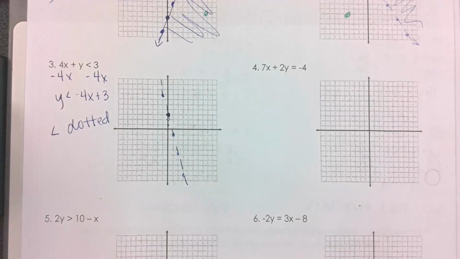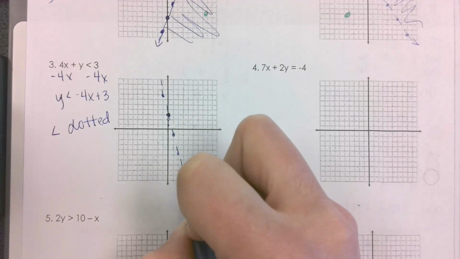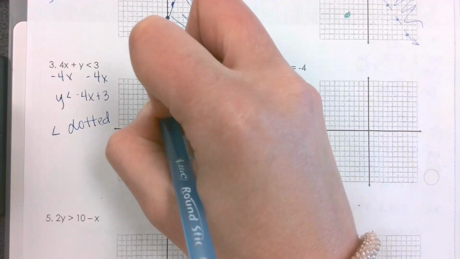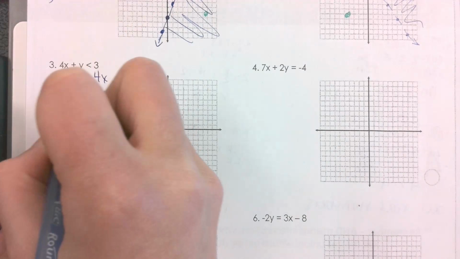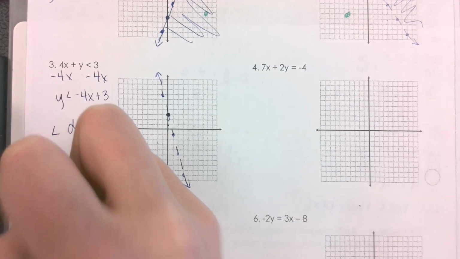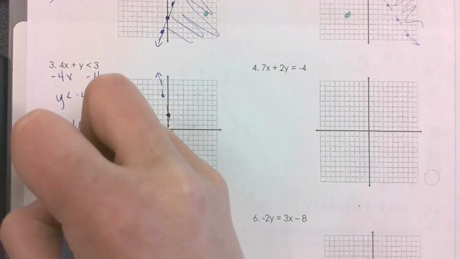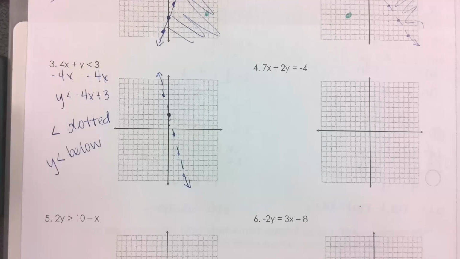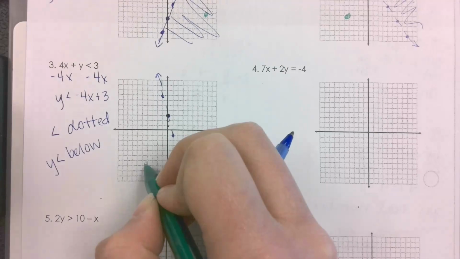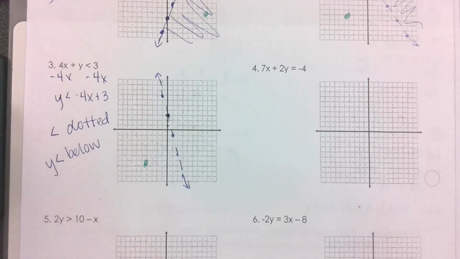Now I've got to decide which way to shade. We're looking at where it says y is less than. Does that tell us to shade above or below? Below. So if I've got a point over here, is that below the line? Yeah, so that's the direction that we need to shade.